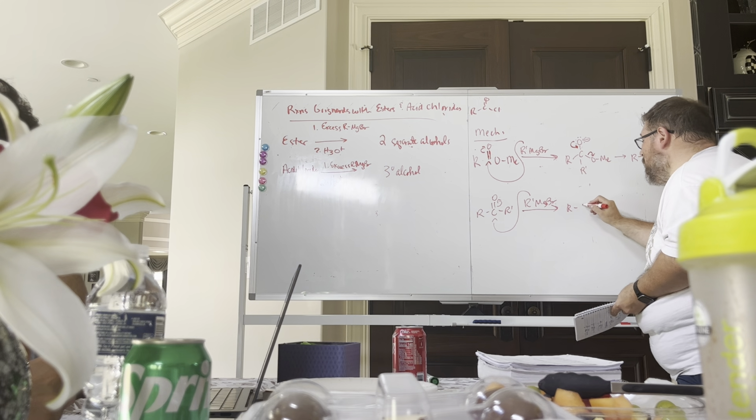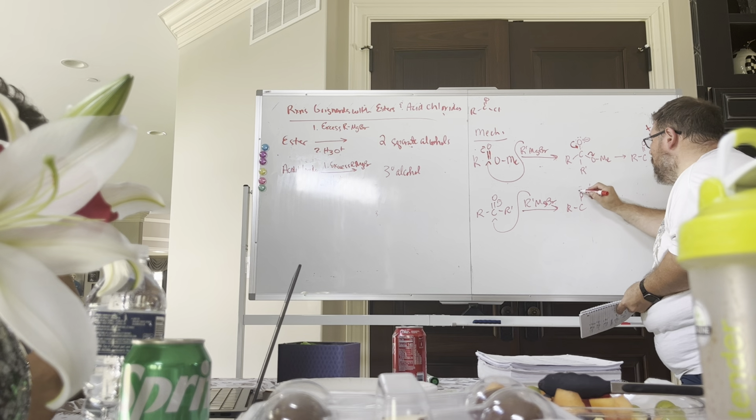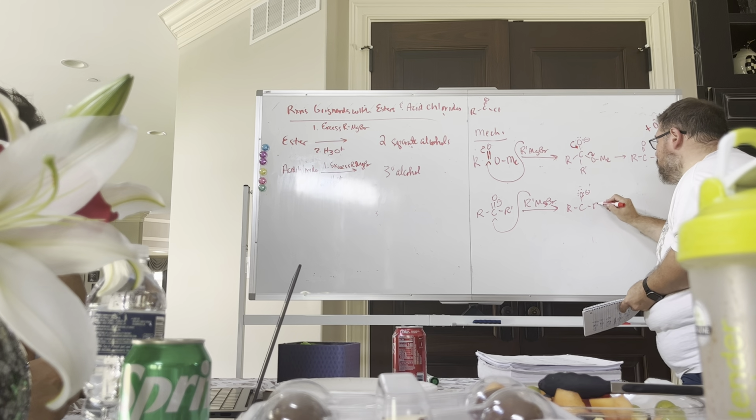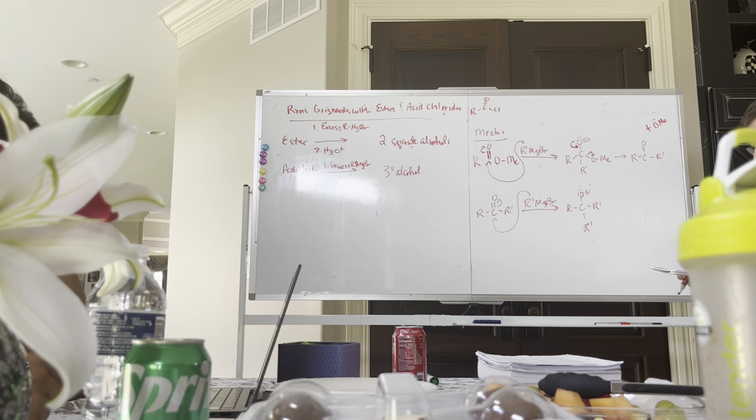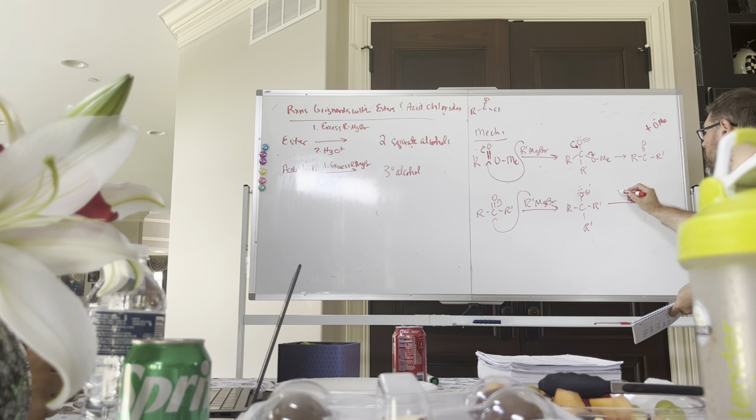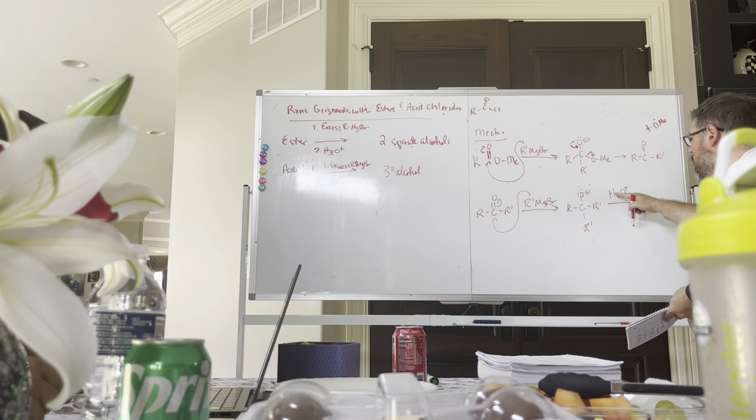So then R should attack it, C, O minus, R prime, and another R prime. And then what's gonna happen? Well, now you wanna go ahead and protonate it, right? Because you can't have a leaving group with just R, it has to be an OR to make that work. So we'll use H3O plus, that's fine. If we want, we can show it a little more officially there, like that.